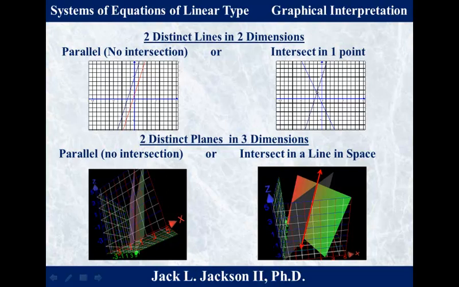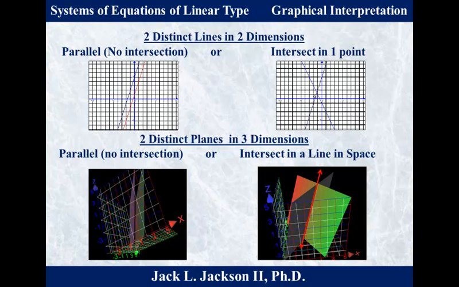You can see my cursor moving there. One single point. Now, of course, you do have a degenerate case where you have the same line twice also. But they wouldn't be distinct lines then.